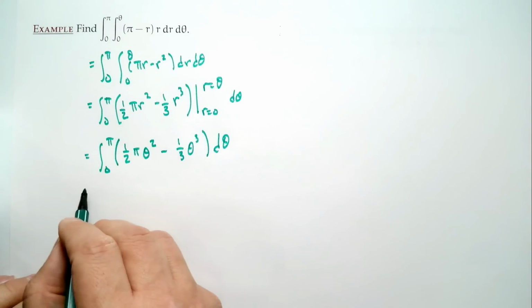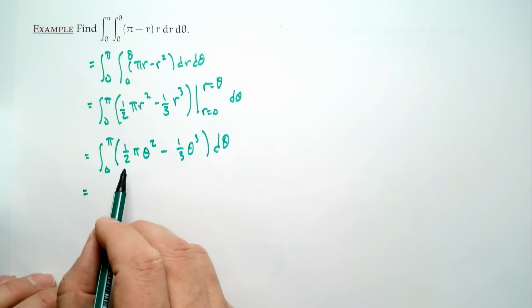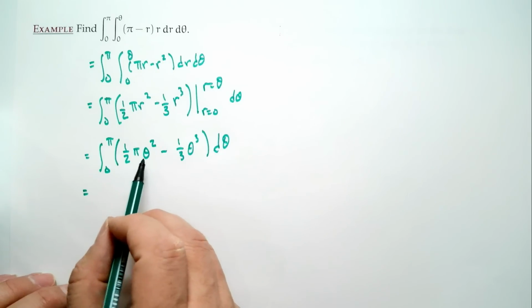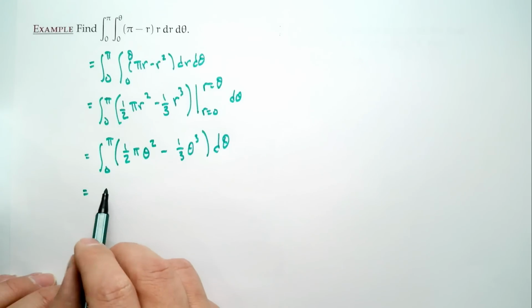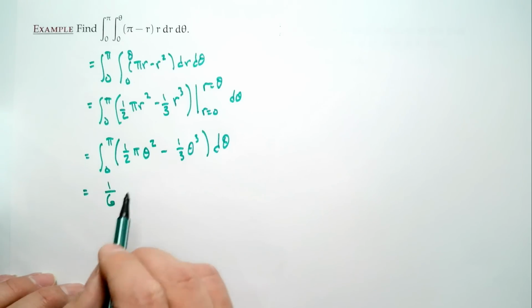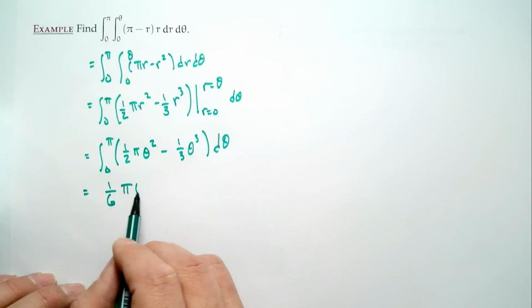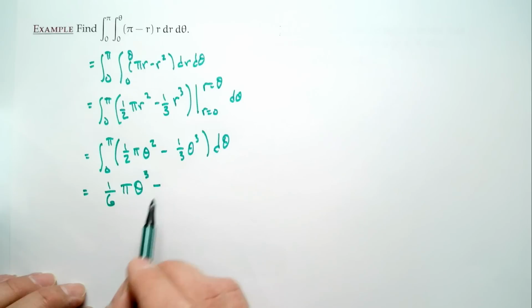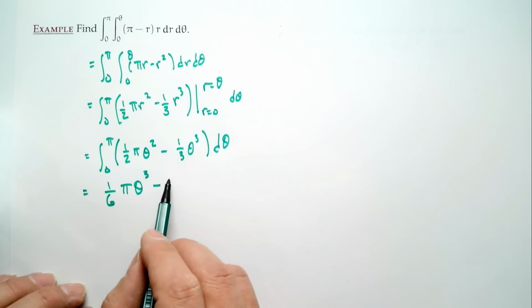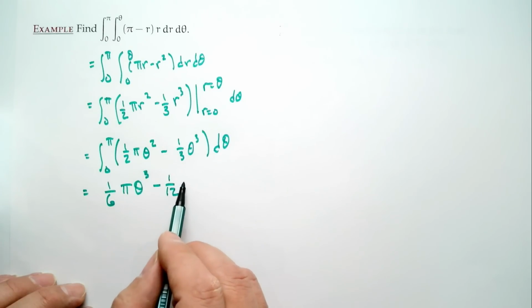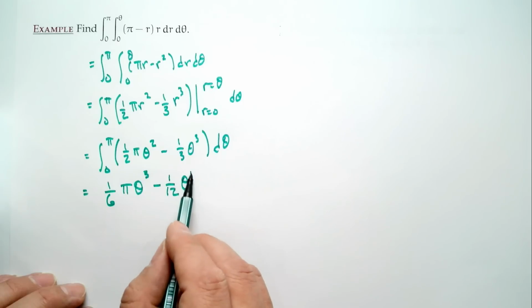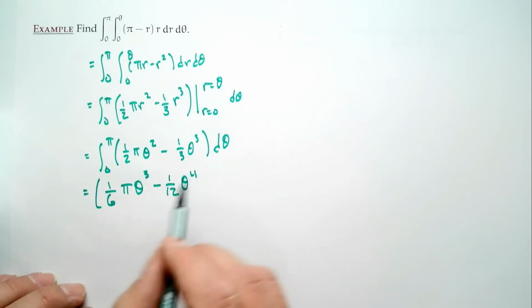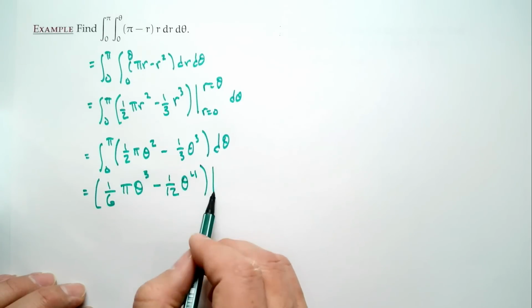These integrals are so nice, we're going to keep doing them. What's the integral of 1/2 pi theta squared with respect to theta? 1/6 pi theta cubed minus 1/12 theta to the fourth.